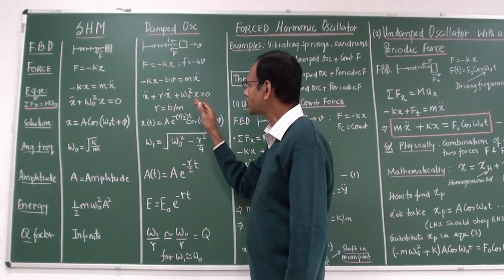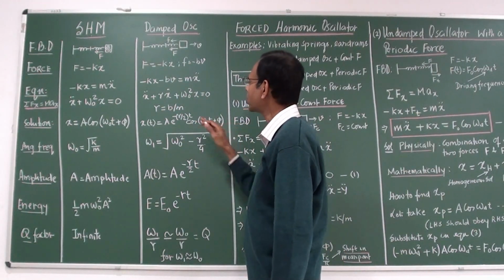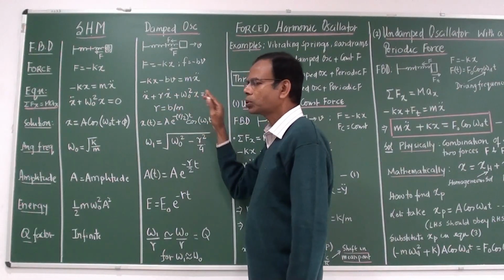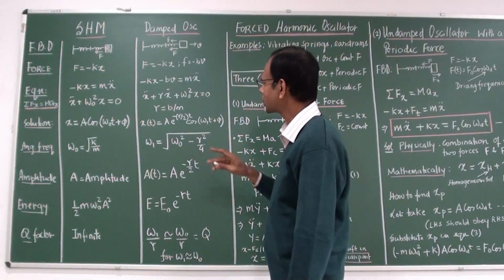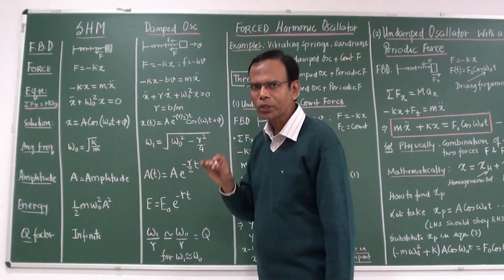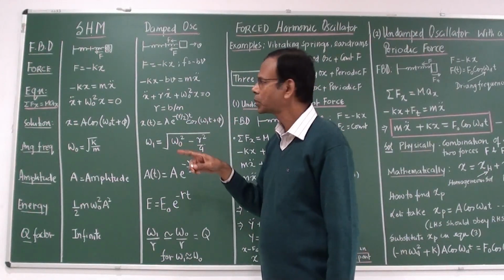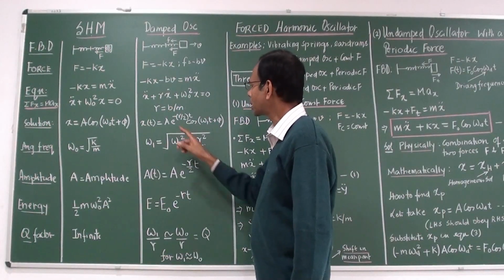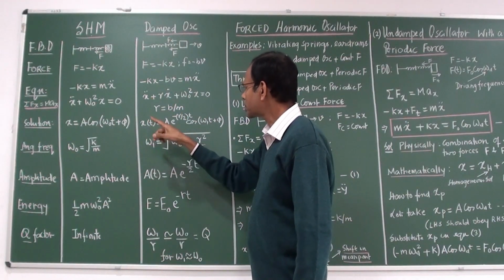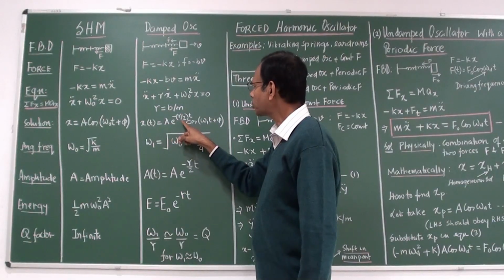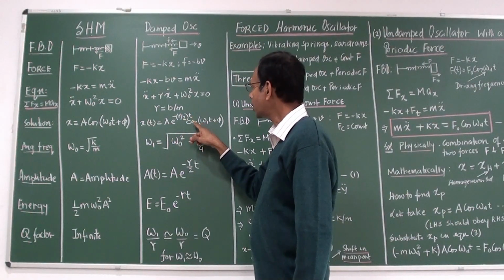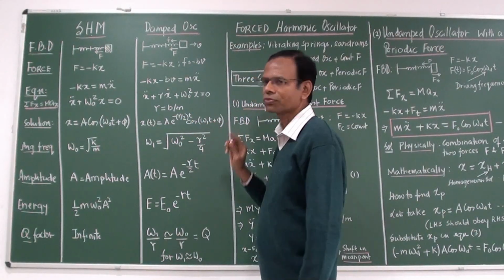So these are the concepts we will need now. Gamma and omega 0 are the two important parameters. Gamma is the damping constant and omega 0 is the oscillating term. The solution of this is x(t) equals A e to the power of minus gamma by 2 t cos(omega 1 t plus phi).